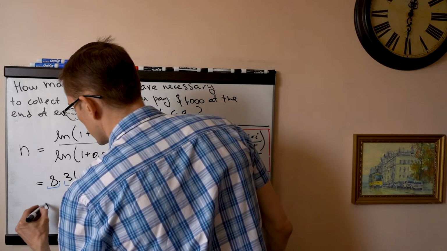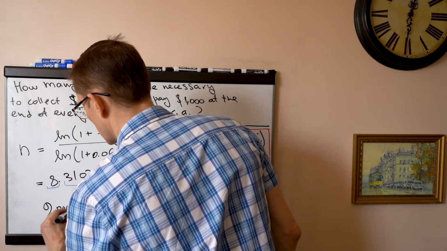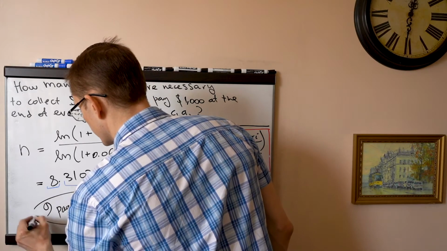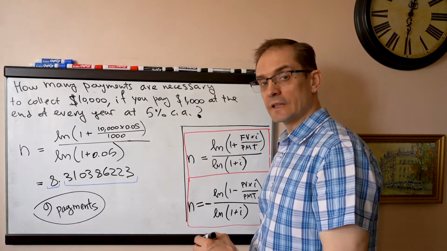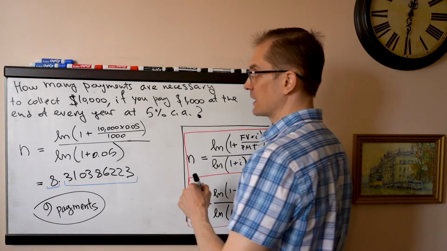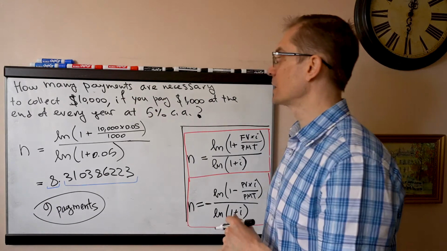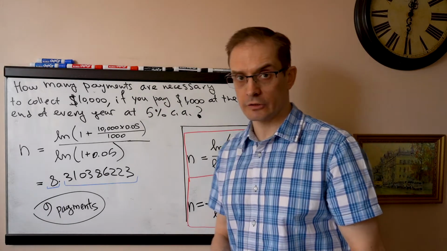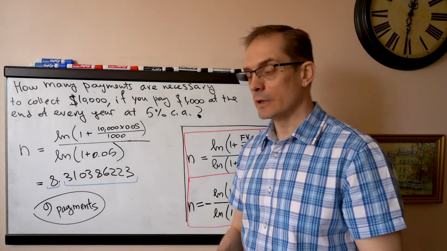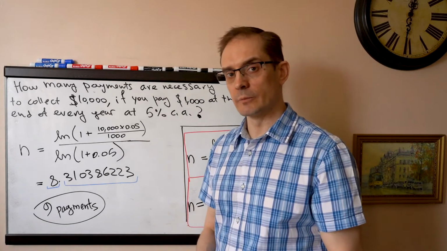So the answer to this problem is 9 payments. More detailed answer is 8 whole payments and 1 partial payment. If you see this problem, how many payments are necessary to collect $10,000? The answer is 9 payments are required: 8 whole payments and 1 partial payment.